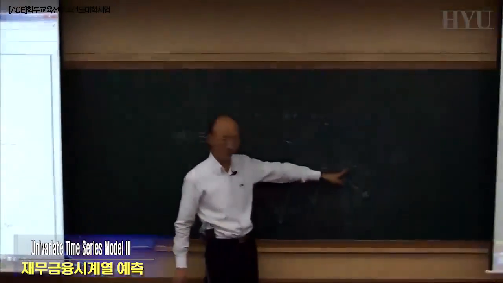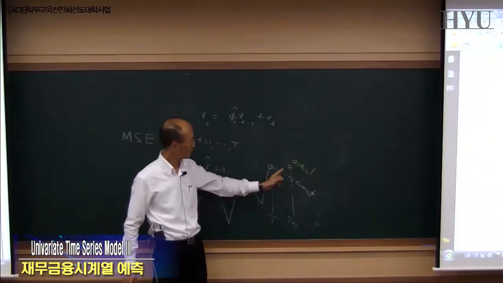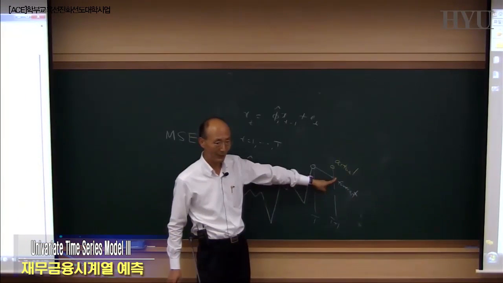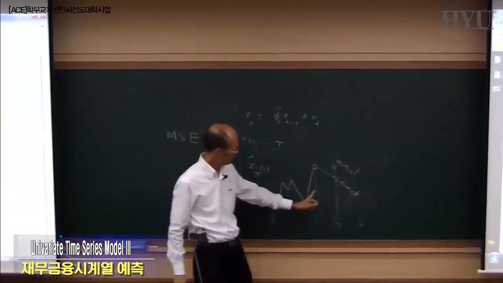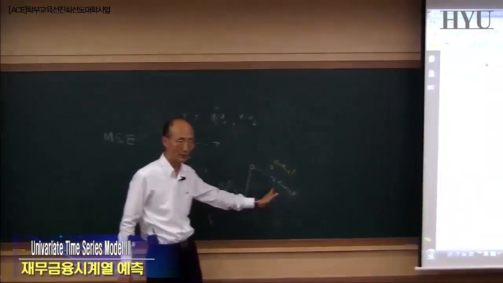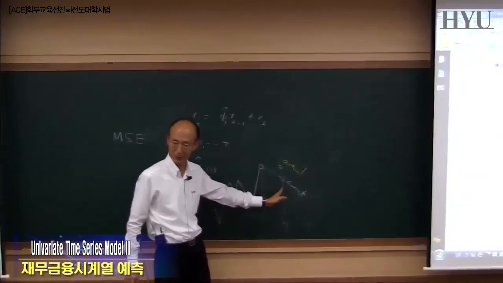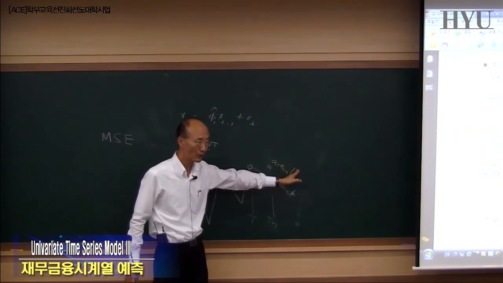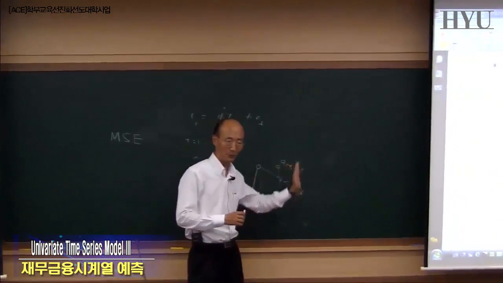So one step ahead forecast, right? So this is what? Forecast error. Suppose you are at t+1. Actually, you can do the same thing, right? You can forecast and compare it with actual. Suppose you repeated that procedure.